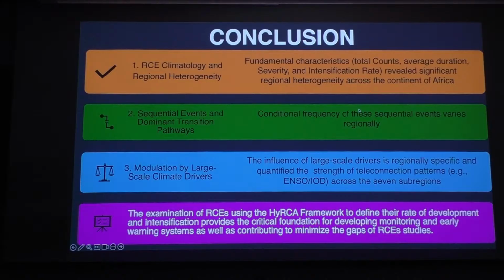Therefore, the framework which we have introduced provides a foundation to define the rapid development and intensification of this rapid change event. It will help to reduce the gap in studies by using a common unified framework for defining this event, and it will also contribute to monitoring and early warning systems.